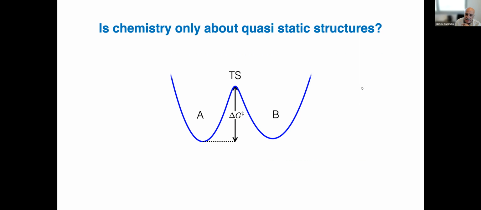You have two states, A and B. This could be reactants and product, it could be liquid and solid. So we represent in this way a typical transition between two states which are separated by a free energy barrier. And to me, in my naive times at the time, it seemed that what most of the quantum chemists would do is to calculate with great accuracy A, with great accuracy B, find the transition state, and that was it.